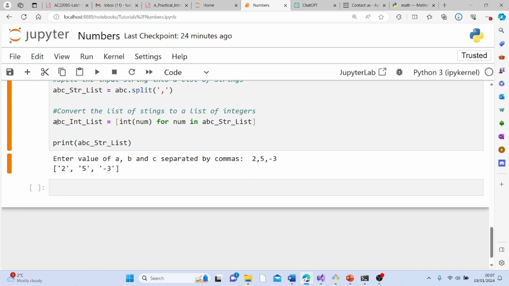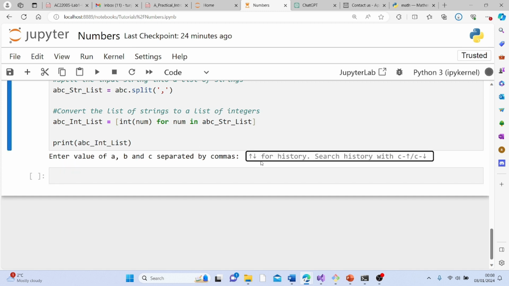Here I have converted this list of strings to a list of integers. So for every num in this string list, every value should be converted to an integer and made into another list. So let's look at what we have in this list now.